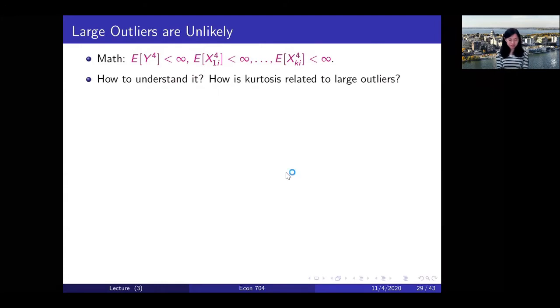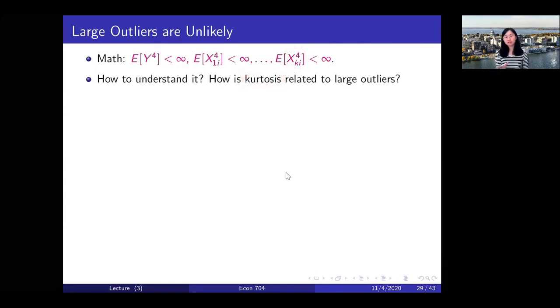Well, you might have many questions at this point. How do we understand this? How is finiteness of the fourth moment related to outliers? And why do we need the outliers to be unlikely? So the fourth moment can be viewed as a kurtosis.